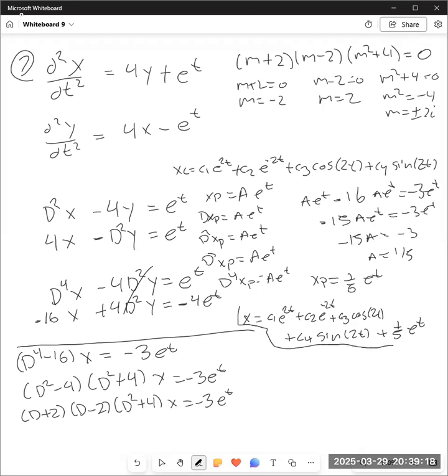So that's just my x equals portion that we found. We still need to find the y equals portion.